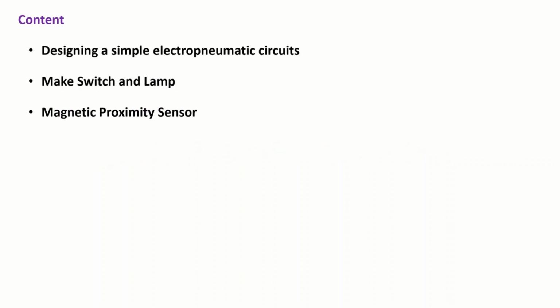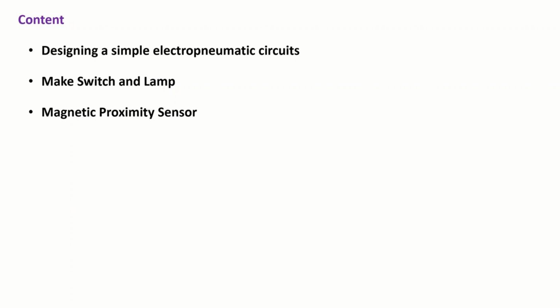What I want to focus on in this video is designing a simple electropneumatic circuit and showing you guys the main difference between a pneumatic circuit and an electropneumatic circuit. I also show you what a make switch is and the application of a lamp, and in general the measurement module inside the electropneumatic part of FluidSIM.